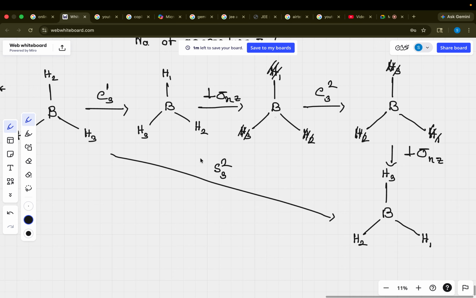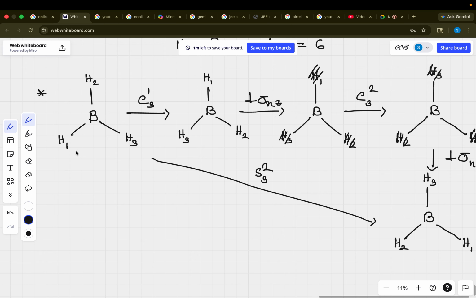Now see, you can get this molecule directly if you operate S3 square. Just keep in mind, S3 1 means H1 will come here, H2 will come here, H3 will go there, and you will get the back face of that. Now if you again operate S3, H1 will come here, H3 will go here, and H2 will come here.